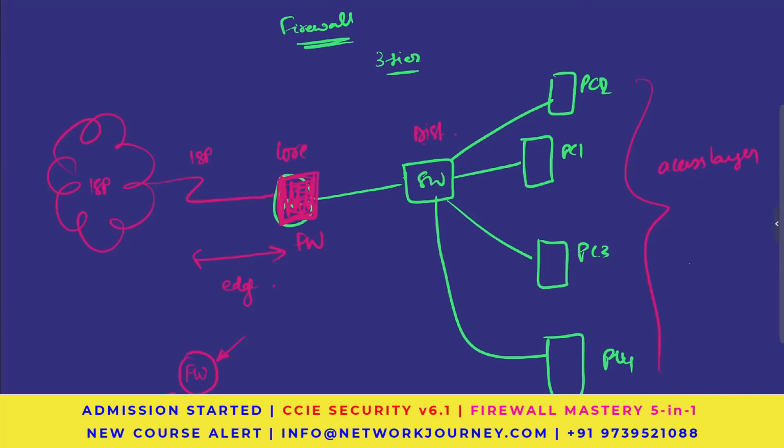So if we are not using routing protocols on the firewall, we cannot replace the router with the firewall. But if we are okay to use the routing protocol along with the firewall features, we can go ahead and replace it. Otherwise, we have a router and then, after the router, the firewall.